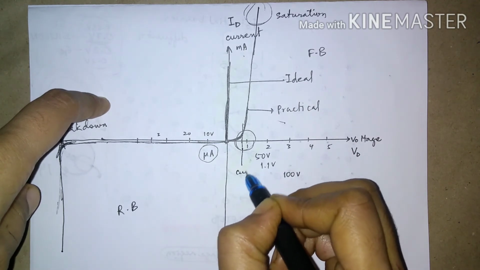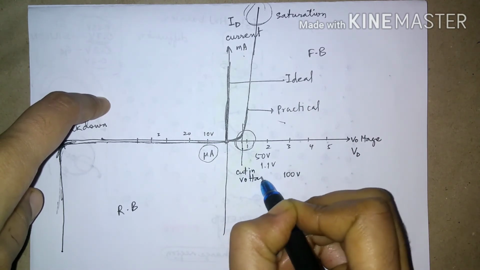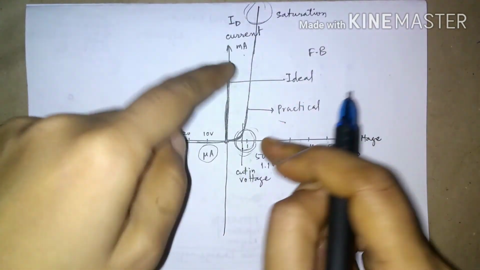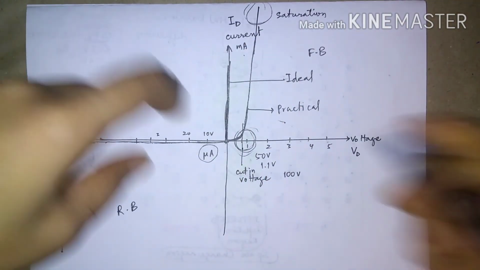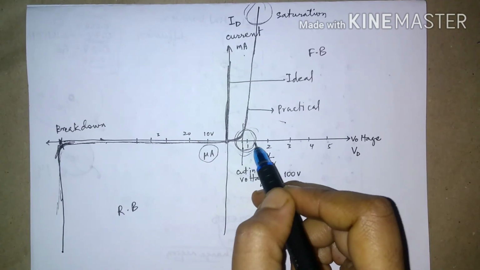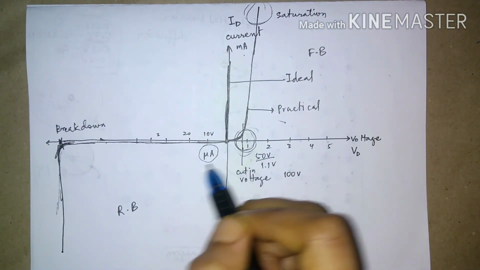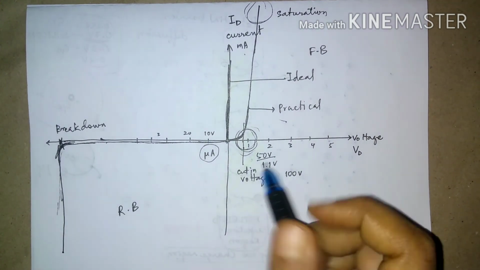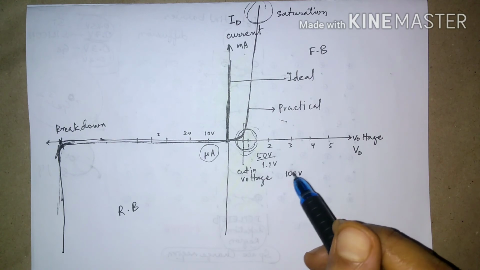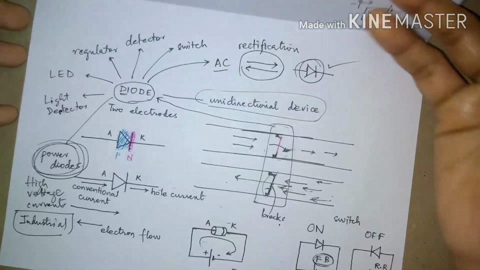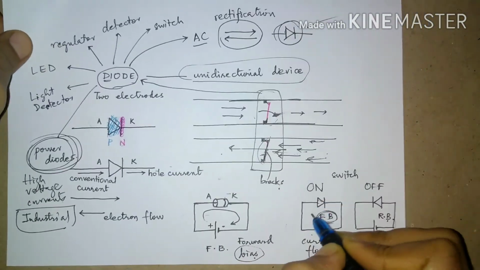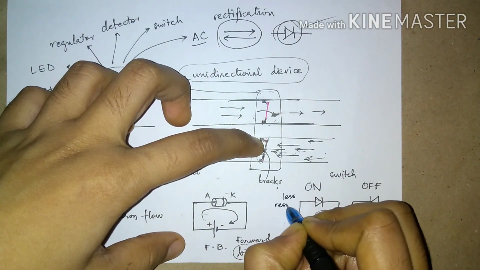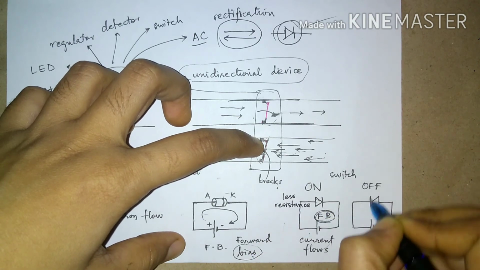This is nothing but cut-in voltage, and simply this cut-in voltage is something which is maintained across this diode no matter how much voltage. Even if I apply 50 volts, the drop across this is very less, 1.1 volts.